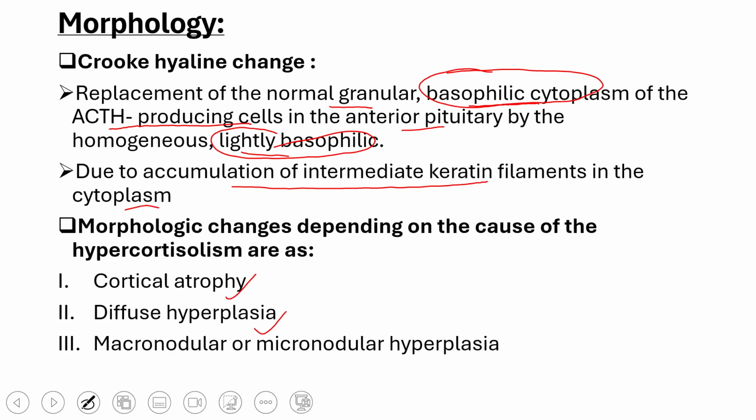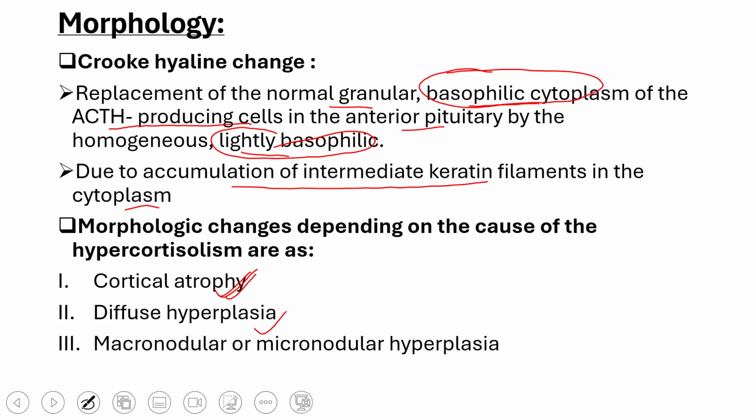Cortical atrophy is seen in ACTH independent conditions, where ACTH is not stimulating the overproduction of cortisol, but instead the overproduction of cortisol eventually leads to suppressed secretion of ACTH from the corticotrope cells of the anterior pituitary, causing a reduced trophic effect of ACTH on the adrenal gland, that results in cortical atrophy.